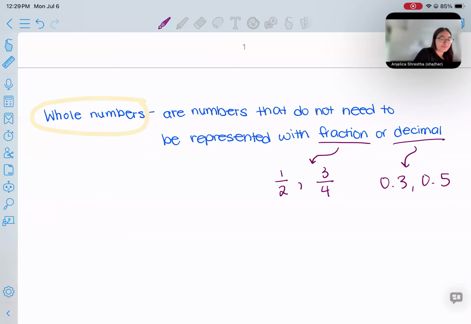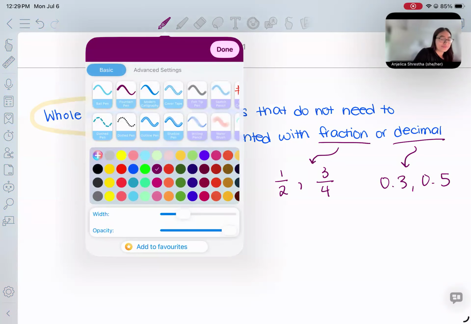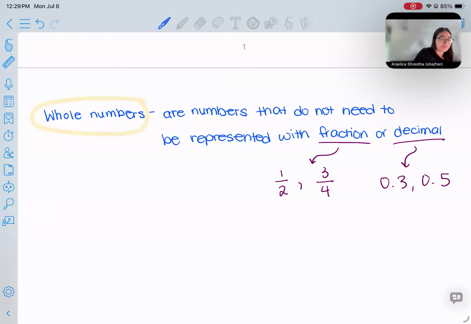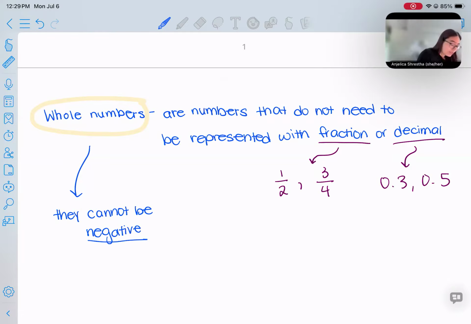Okay. What's another fact about whole numbers we have learned? Right. They cannot be negative. So that means that our whole numbers are always positive.